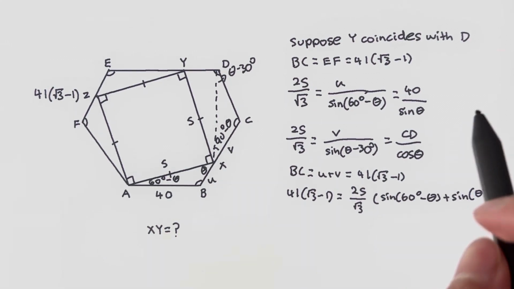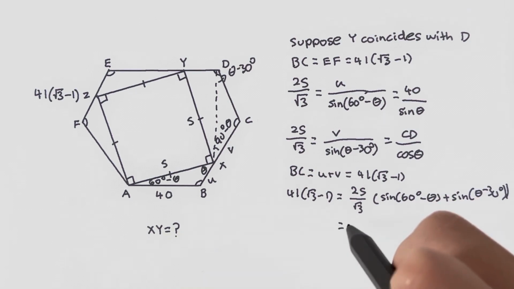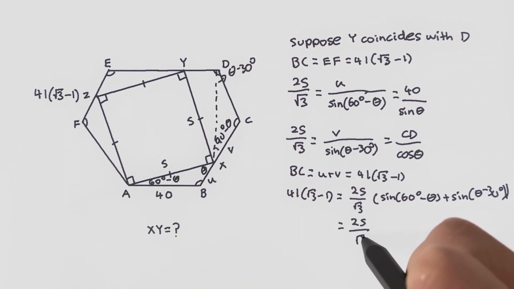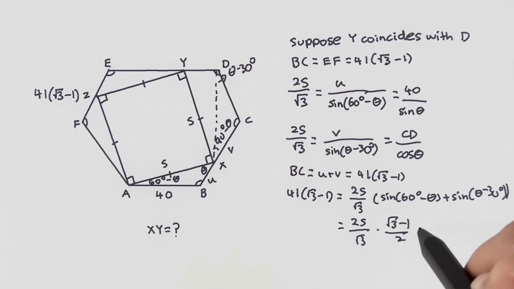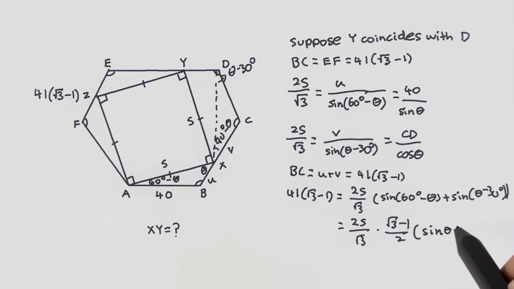So simplify this to get 2s divided by square root 3 times (square root 3 minus 1) divided by 2, times (sine theta plus cosine theta).